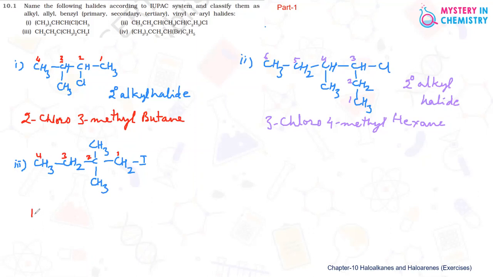It is 1-iodo-2,2-dimethylbutane. Now look at the iodide group, which is attached to a primary carbon, and that is why it is a primary alkyl halide.